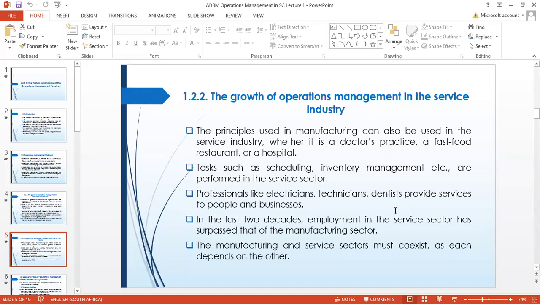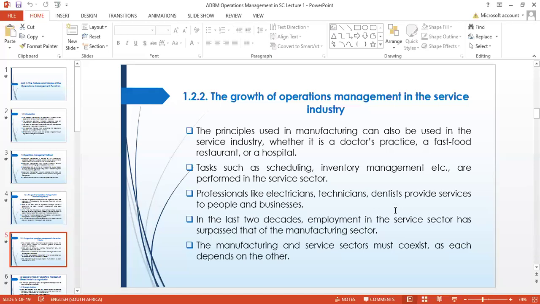And we have seen a growth of employment in the service sector. Without the service sector, the manufacturing sector will not sustain itself, will not be successful. And the service sector also requires products that are manufactured in the manufacturing industry.